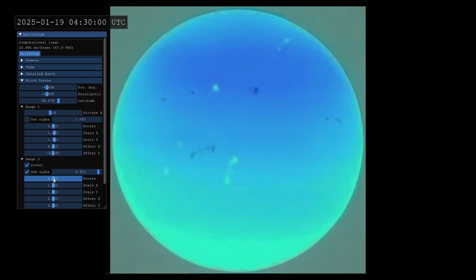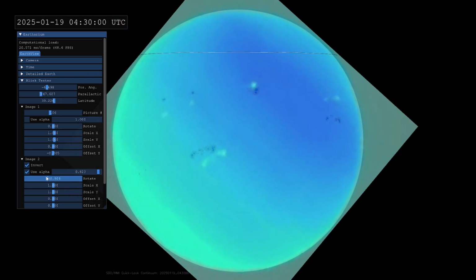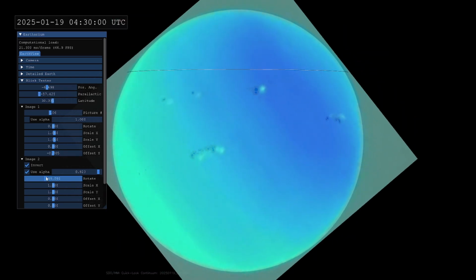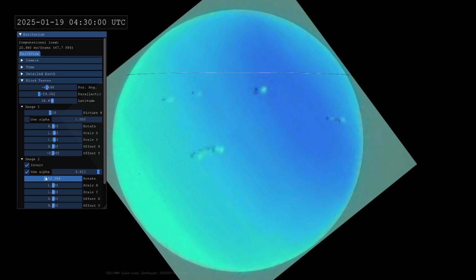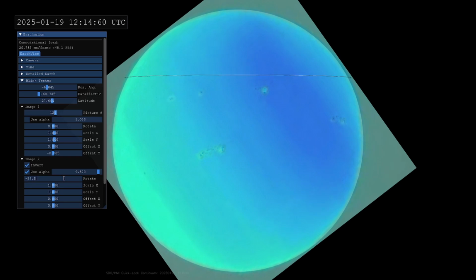So if we start rotating here, we will see that we get to, perhaps this is not a very bad alignment, but it's not the right time. The sunspots have moved a little bit more, and so you can sit and fidget with this for a while, and I spent a while on it, and so I'm just going to punch in the numbers that I found that match, that I feel match the best.